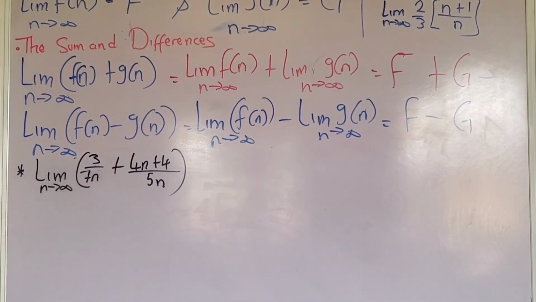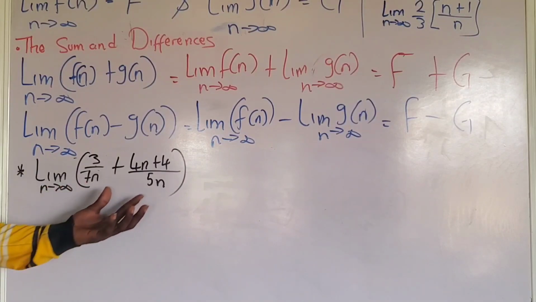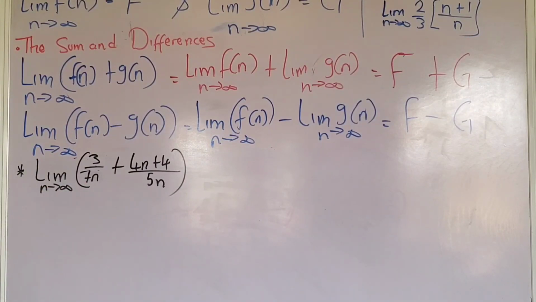Now, look at this question. You can see that the sign between the functions that we have in the bracket is an addition sign. So we use the addition rules of the limit of a function.